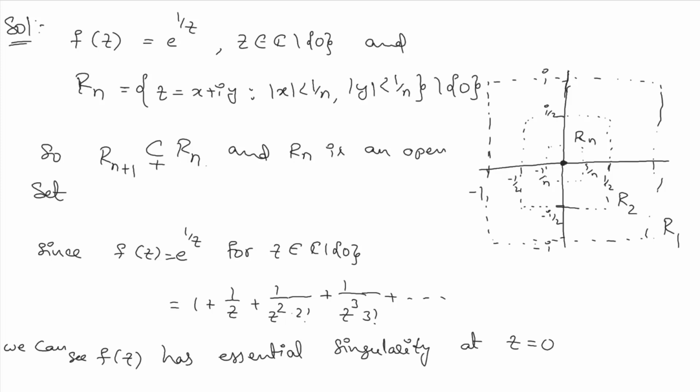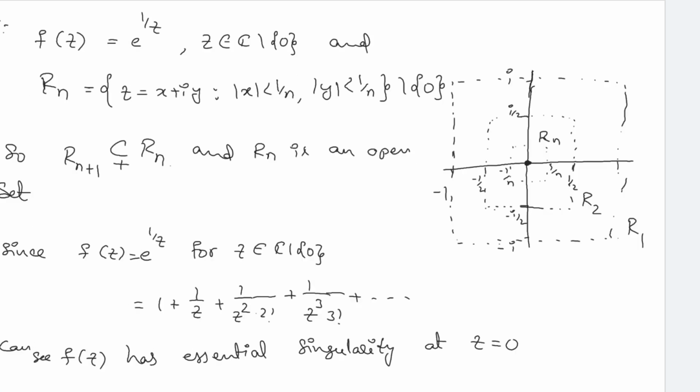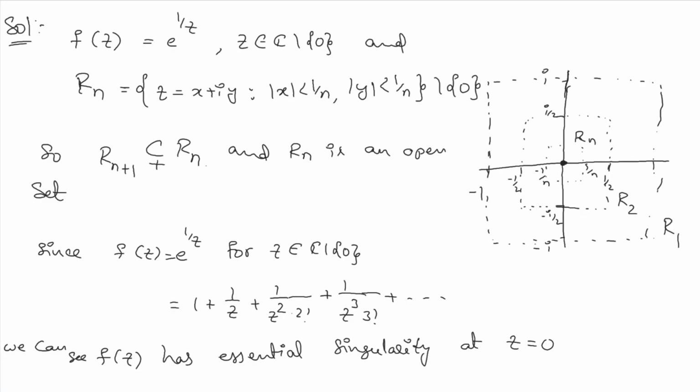So now to solve this problem, we use the Casorati-Weierstrass theorem. That is, whenever f of z has an essential singularity at a point z equal to a, then in every neighborhood of a, the function f of z attains values arbitrarily close to every complex number.